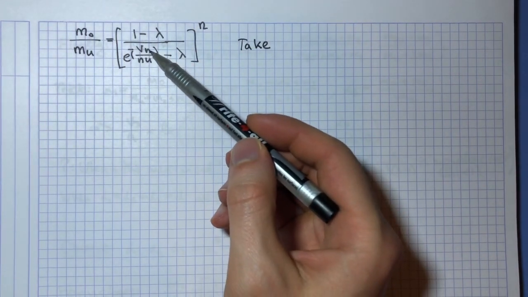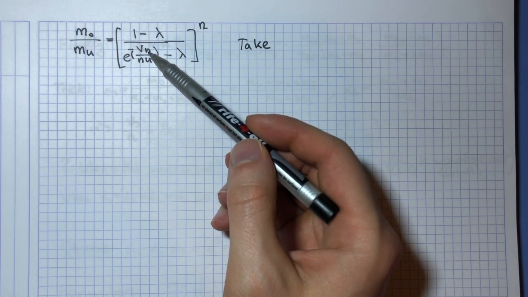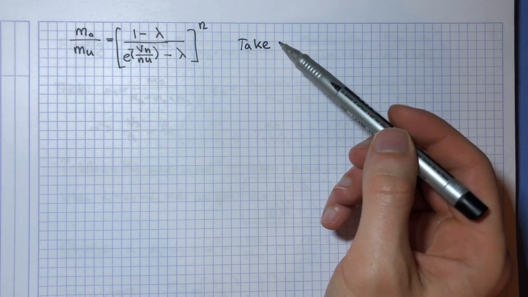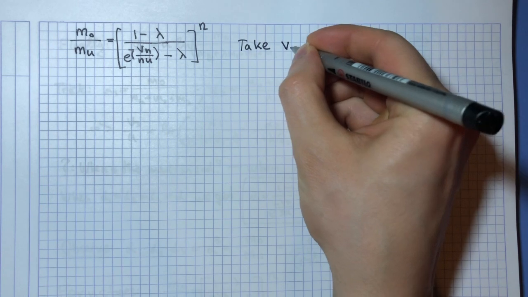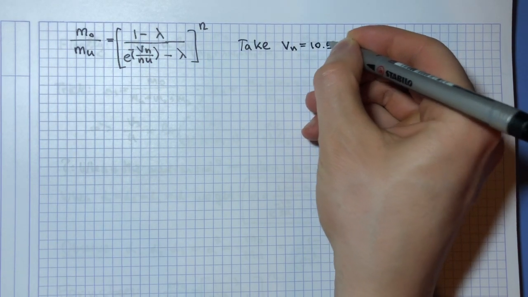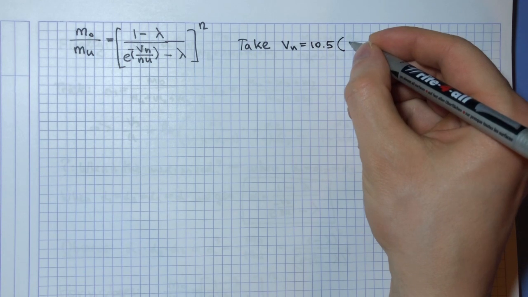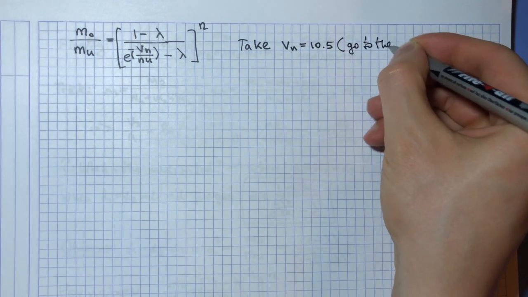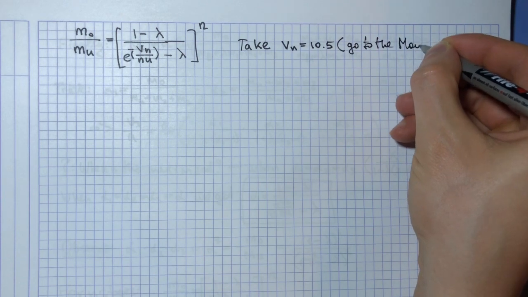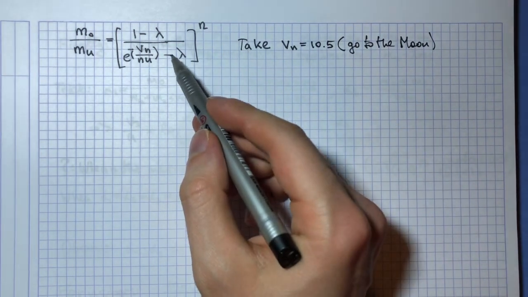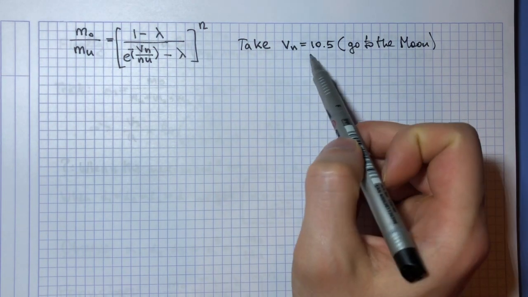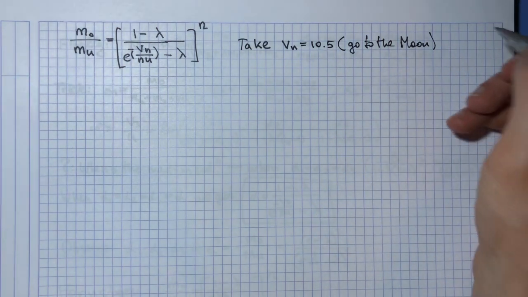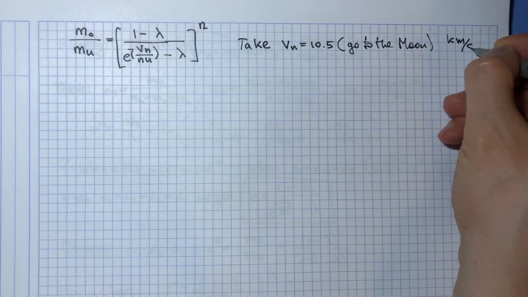Sorry, so in the previous formula, this was of course the n, because it's the speed attained at the nth stage. So for a real-world calculation, we want to take Vn to be, say, 10.5 if you want to send something to the moon, because you would then have to break away from Earth's gravitation, and you can show that the speed has to be around 10.5 kilometers per second for that.